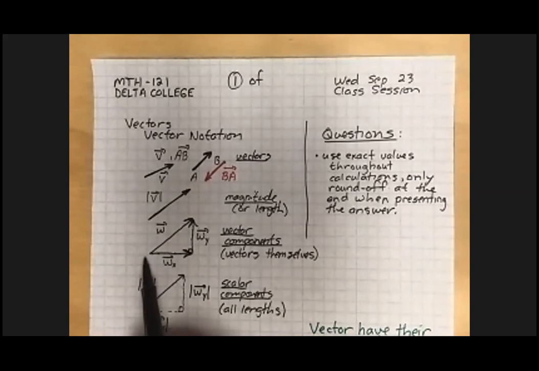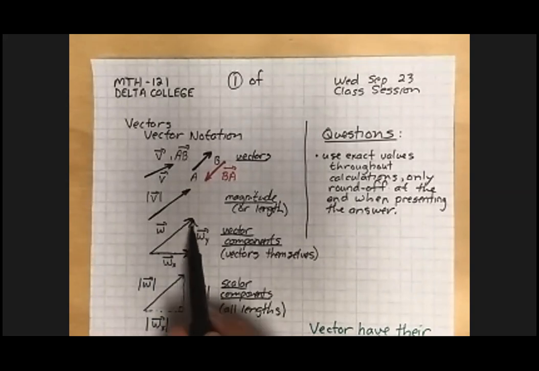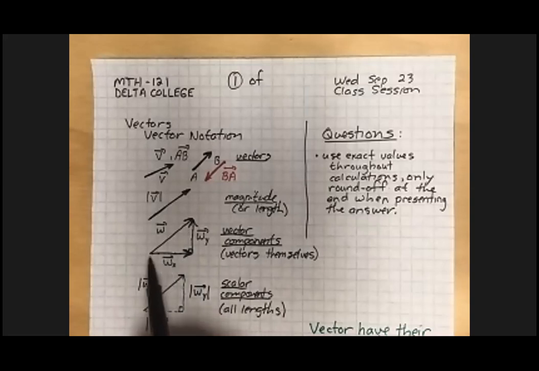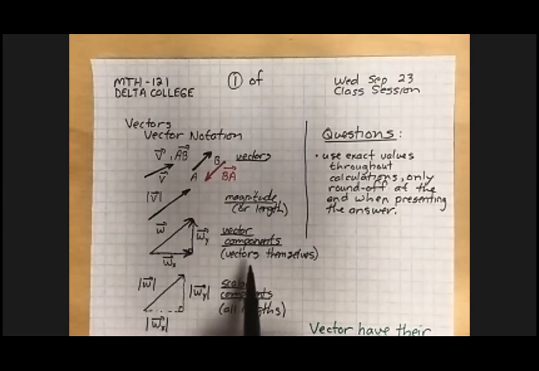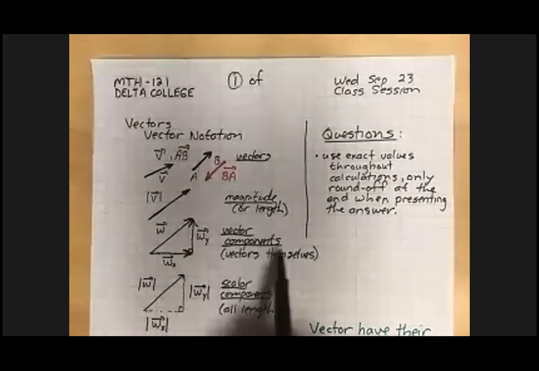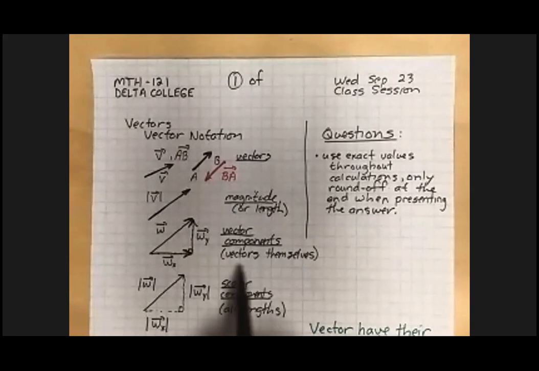So if I take one vector and add the other vector, tail to head, head to tail, then the horizontal piece plus the vertical piece makes up the whole vector. And when I do that and call the horizontal and vertical pieces vectors, these horizontal and vertical pieces are called vector components. They are vectors themselves.